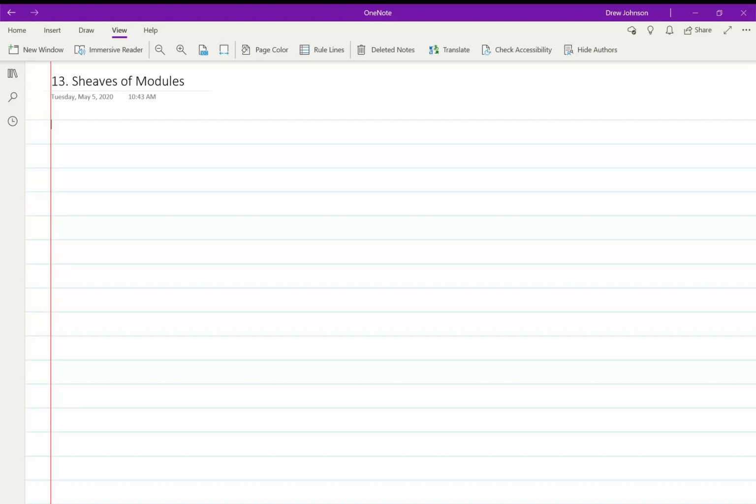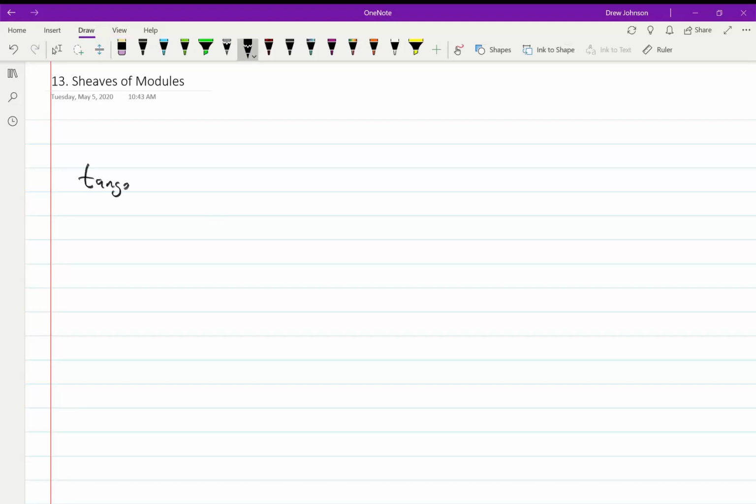So the sort of motivating example for this chapter is the tangent sheaf. So let me just write down the definition, or sort of an intuitive definition of the tangent sheaf, and hopefully soon we'll make this more precise.